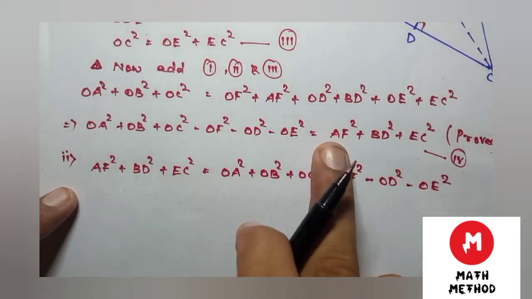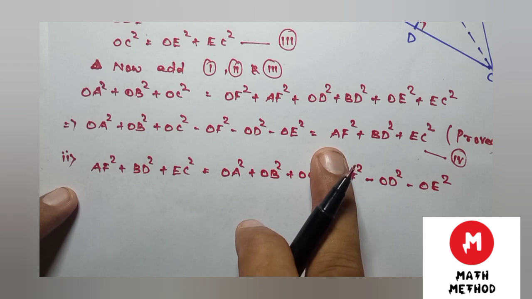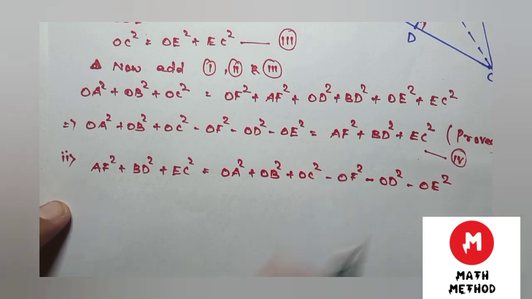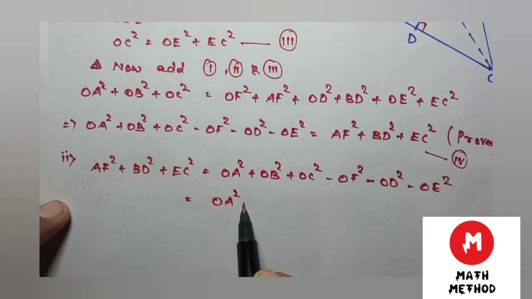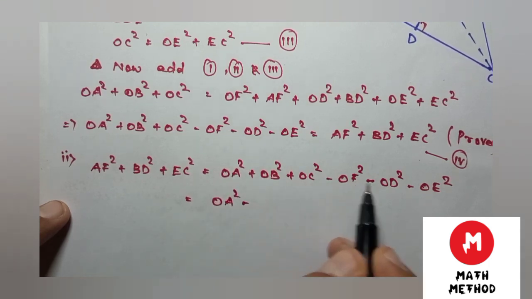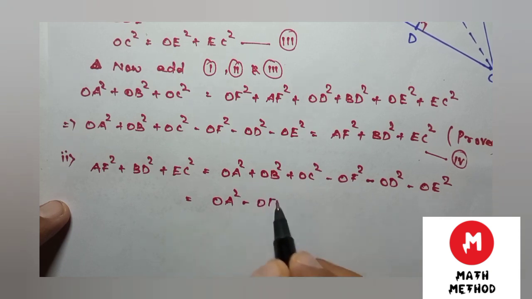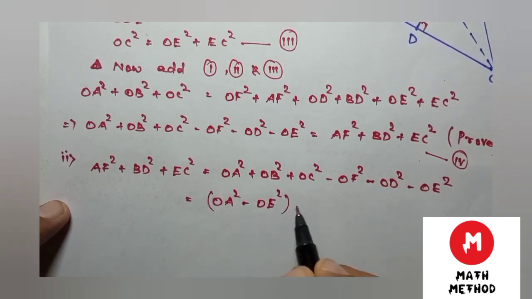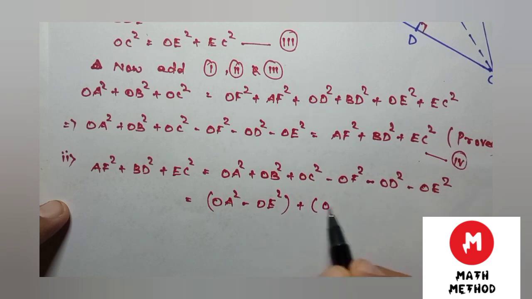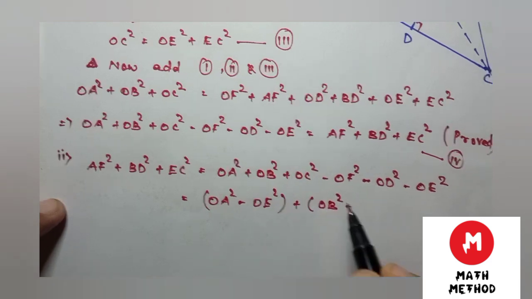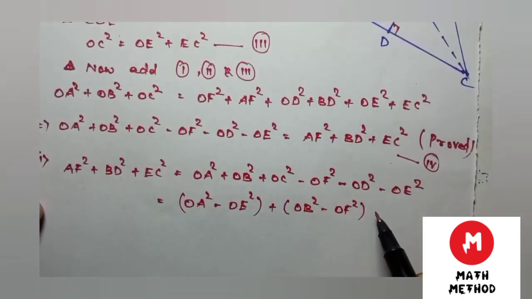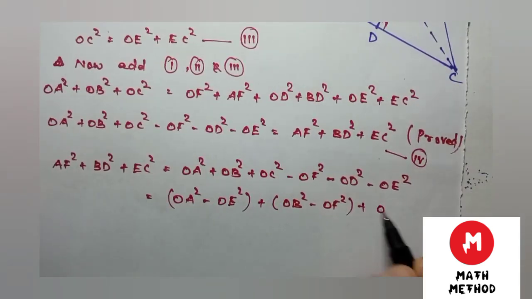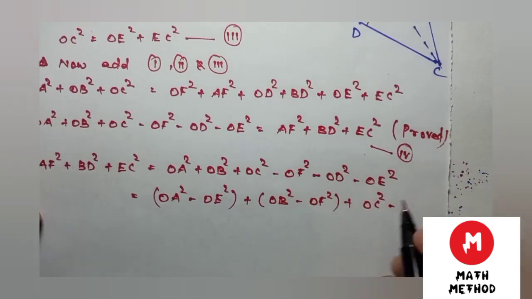We got it from first part of question number 8. Now this is equal to, we can say, OA square minus OE square, this is 1, plus OB square minus OF square, and remaining is OC square minus OD square.